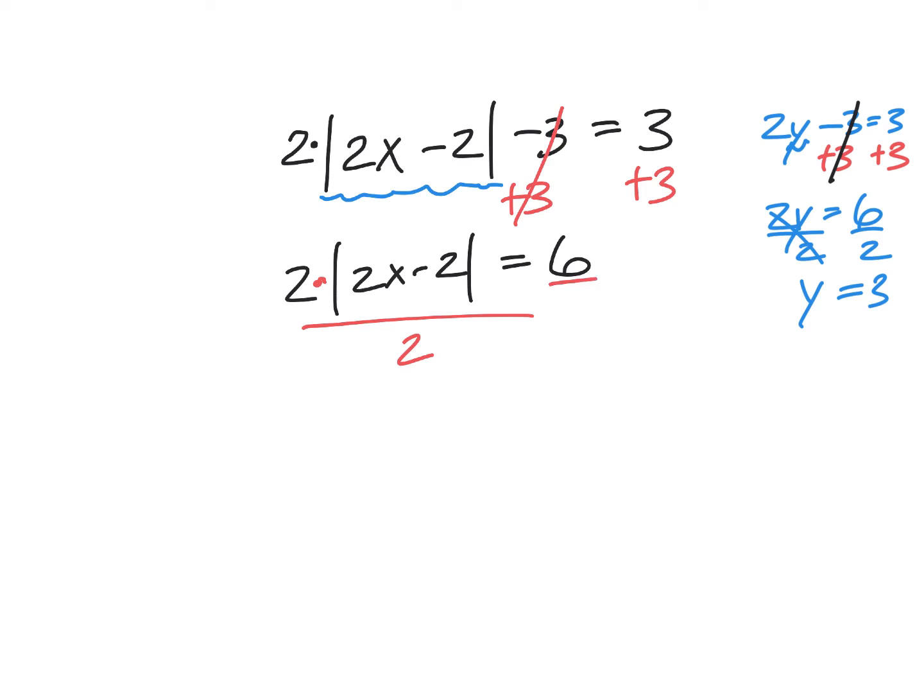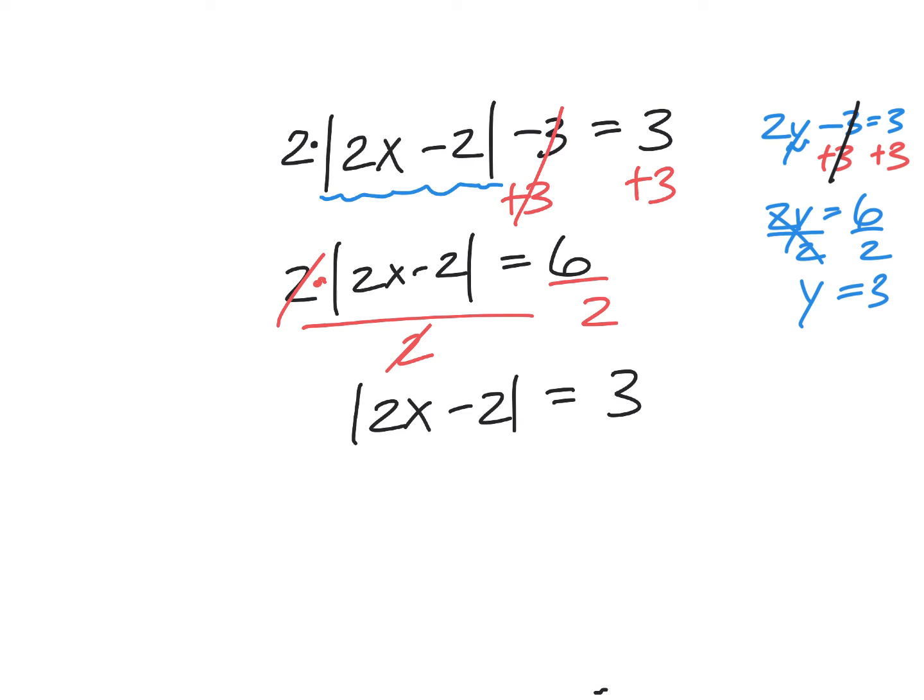So again, you got to get rid of everybody outside your prison cell. So now I have 2x minus 2 equals 3.